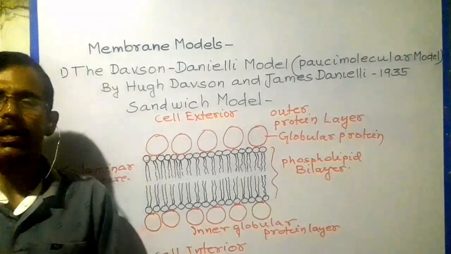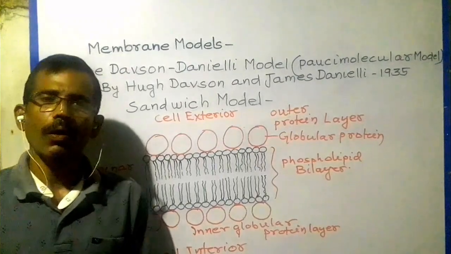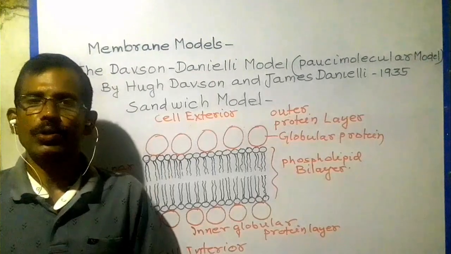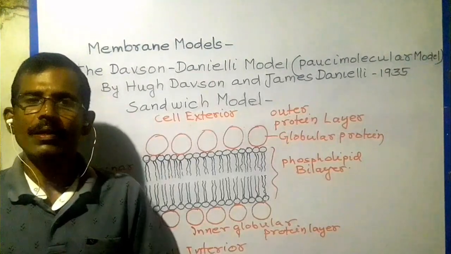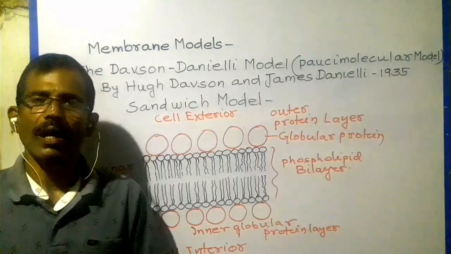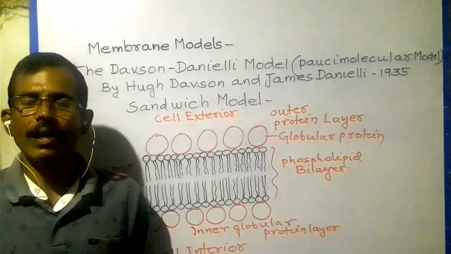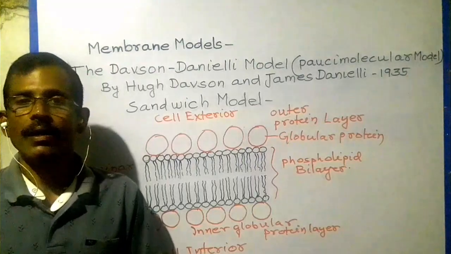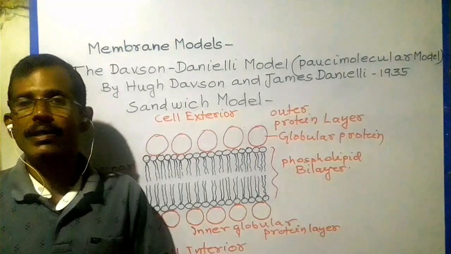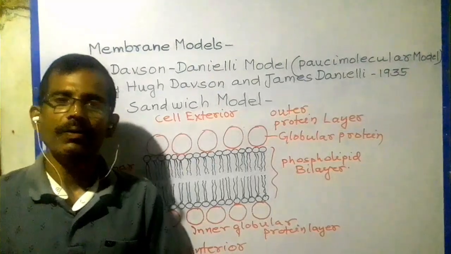Like the lipid bilayer model, this model also had various shortcomings. The first shortcoming is that Davson and Danielli proposed that all membranes have the same structure, but they could not explain how different membranes can perform different functions.